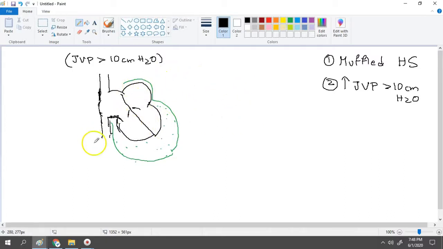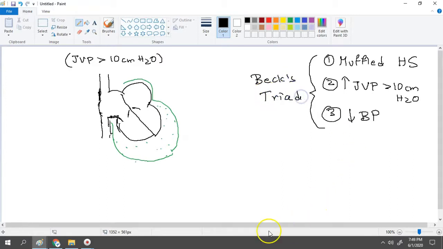Since the venous return into the right as well as into the left is reduced, your blood pressure also is low. It is this combination of muffled heart sounds, low blood pressure, and an elevated JVP that we call Beck's triad, very classical of the clinical features of cardiac tamponade.